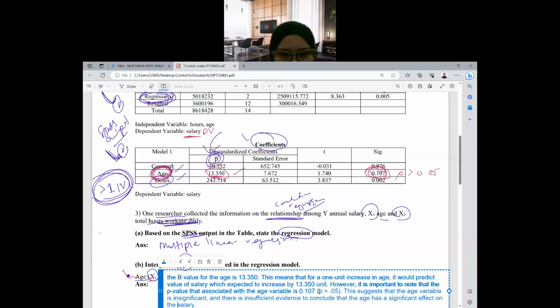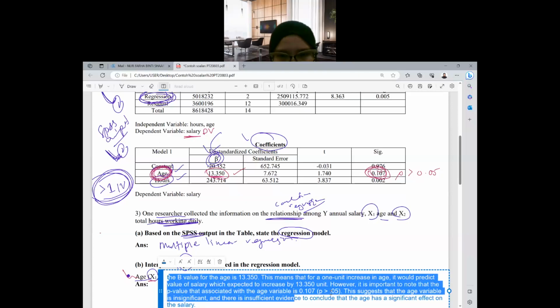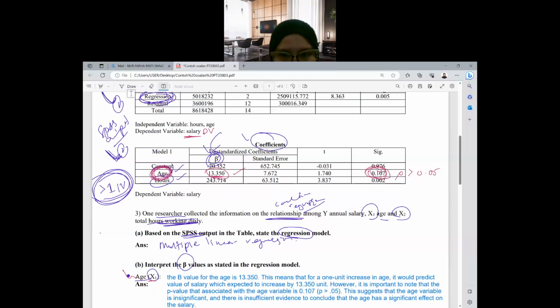So why is this being bold? Okay, so this is the suggested one.